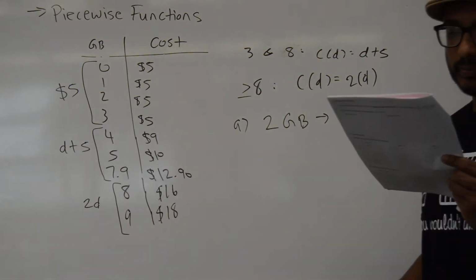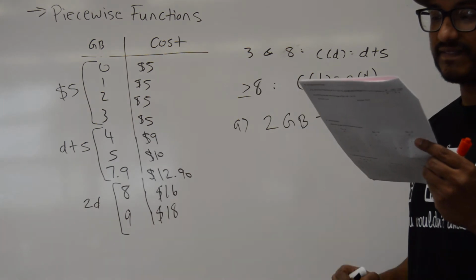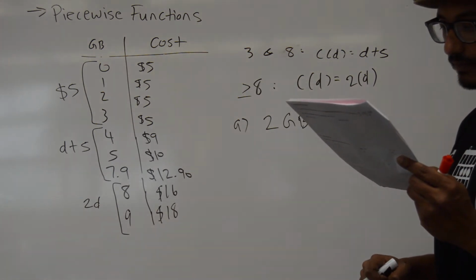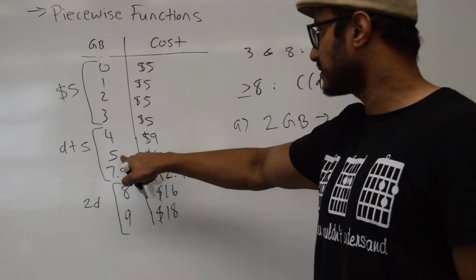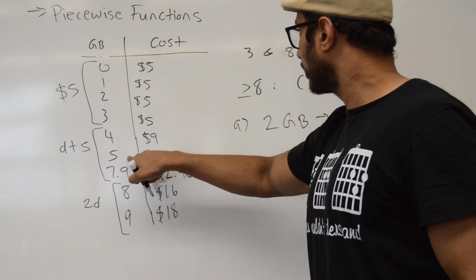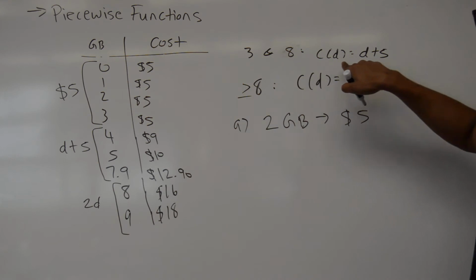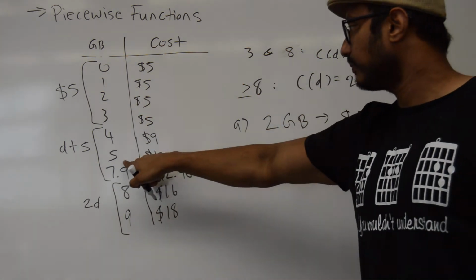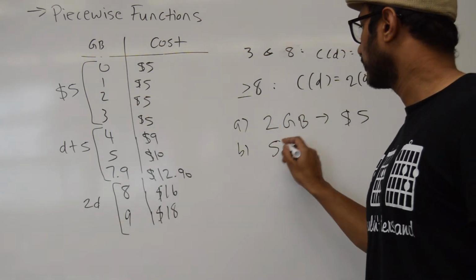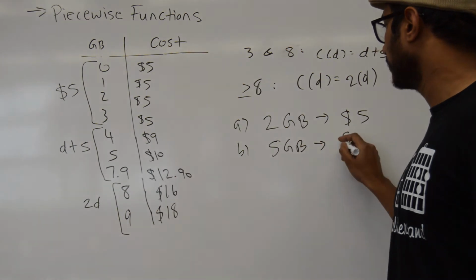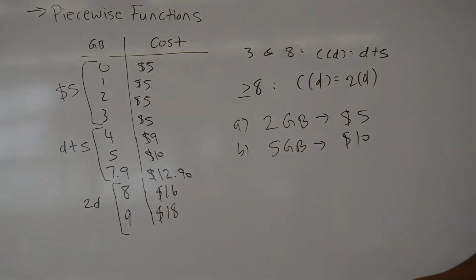How much would an individual pay if he or she used 5 gigabytes of data per month? If you use 5 gigabytes, you're in the range between 3 and 8, so the cost is going to be D plus 5. So your cost is going to be 5 plus 5, or $10.